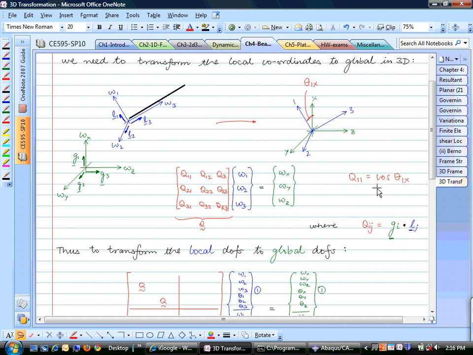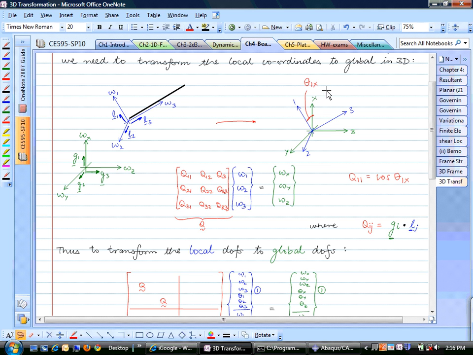And the easier way to see that is right here. Let's say you have these unit vectors along all these 3 triads, L1, L2, L3 in the local coordinate system, G1, G2, G3 in the global coordinate system. If you just take the dot product of G1 with L1, that would be nothing but cosine of theta 1x.